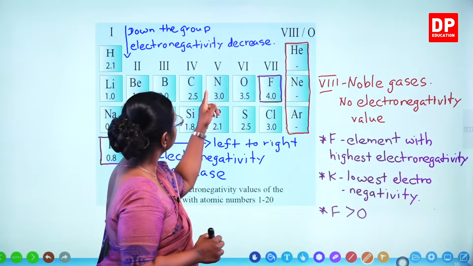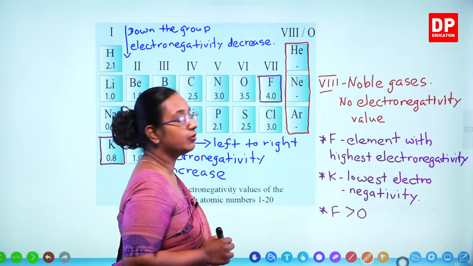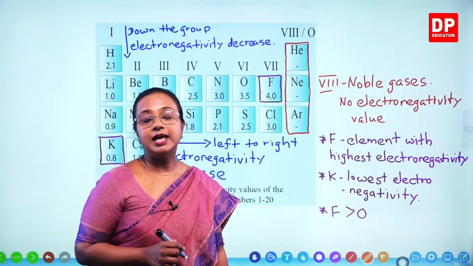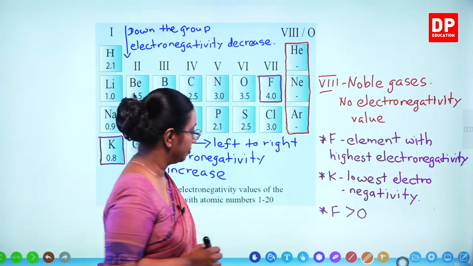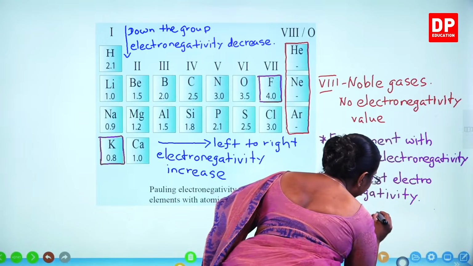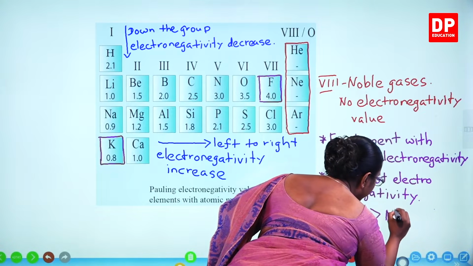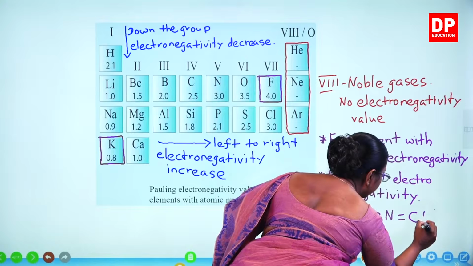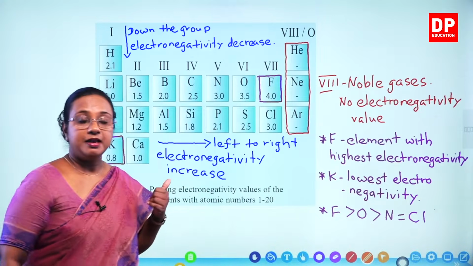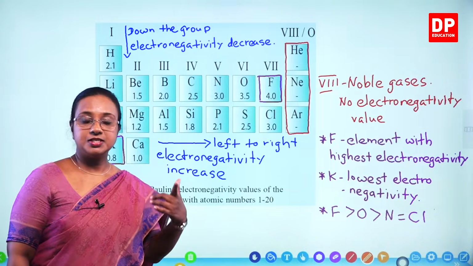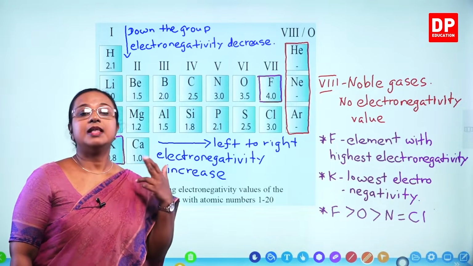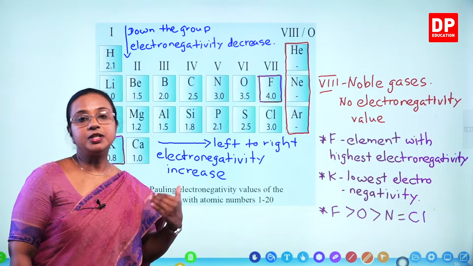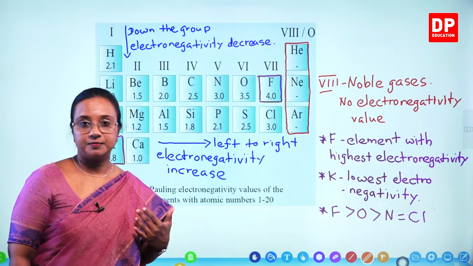You can see both nitrogen and chlorine have equal electronegativity values. So, the third elements are both nitrogen and chlorine. F is the highest, oxygen has the second value, then the third value is for both nitrogen and chlorine.